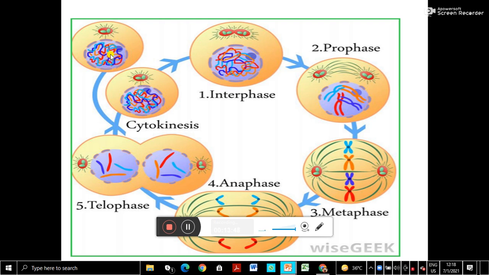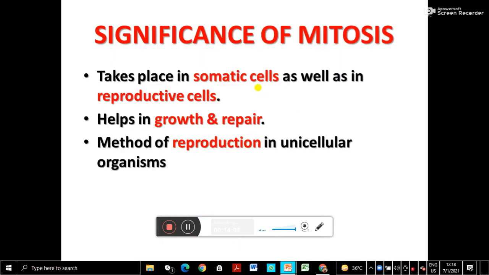Okay, and these cells will grow, and this cycle continues. Each of these cells will divide again. So this is the complete phases of mitosis. And now let us see what is the significance of mitosis.